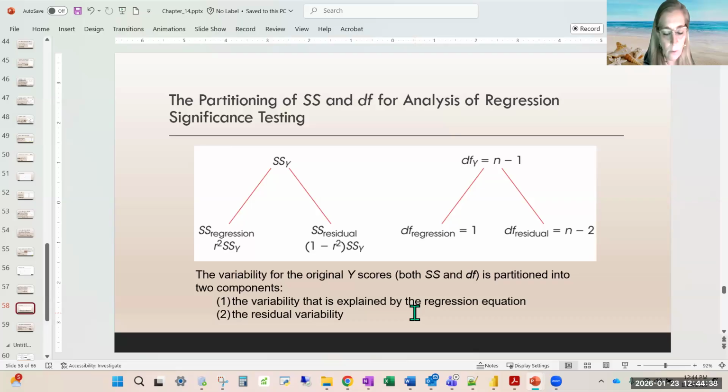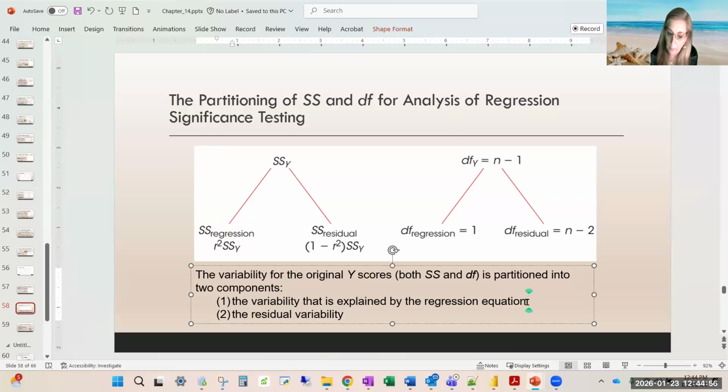Now we want to know, are the results we get when we do regression significant? The variability is partitioned into the variability explained by the regression equation that we calculated, and the residual variability.